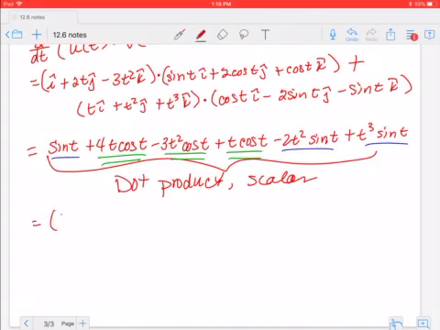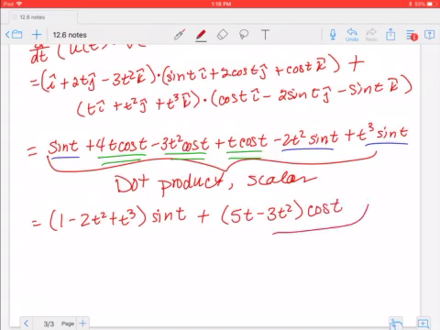So now I have 1 minus 2t squared plus t cubed is the coefficient of sine. And then for cosine, I can put together this 4t and this t to be a 5t minus that 3t squared of cosine t.